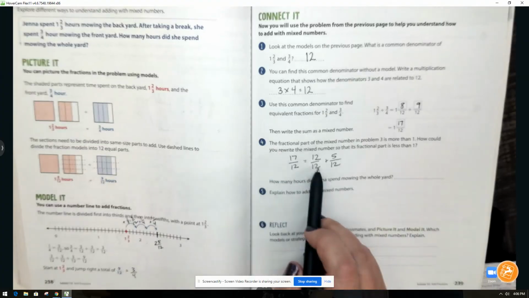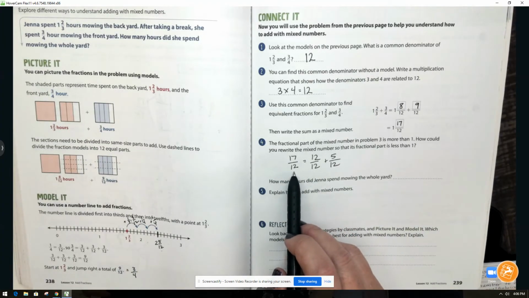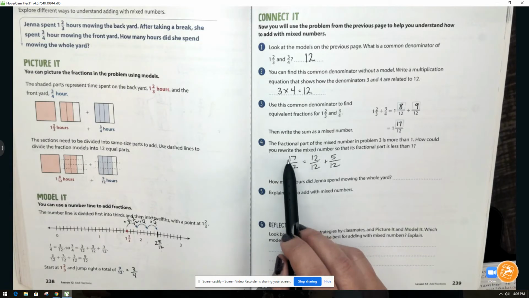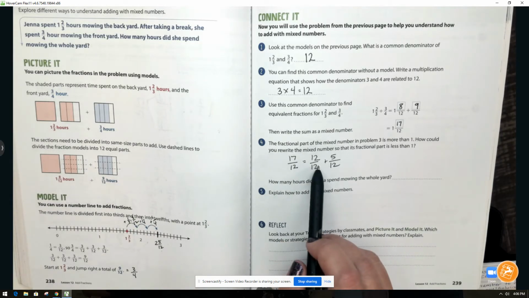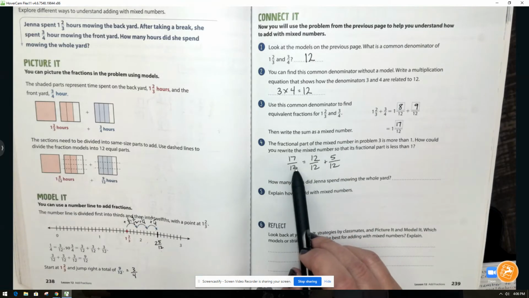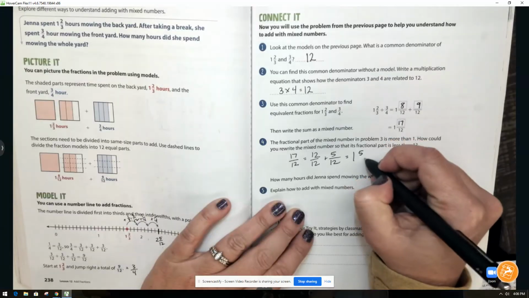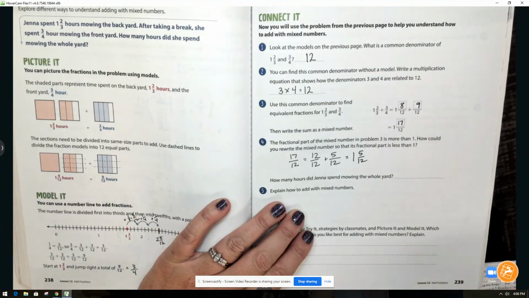Because remember, 12 is how many are in one whole. And so if we take 12 away, that means we're taking away one whole. And then the remaining part is this amount here. So we could rewrite 17/12 as 1 and 5/12.